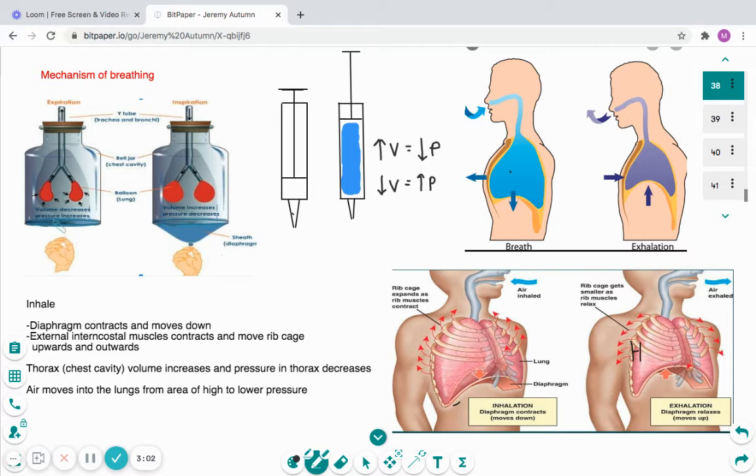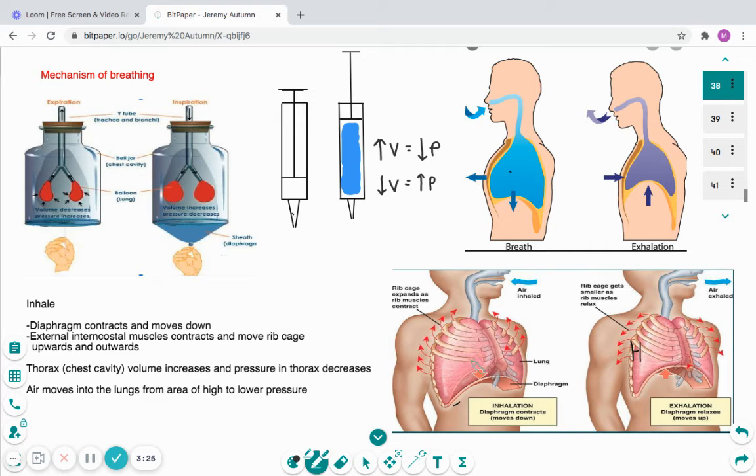So, you might have guessed, this latex is kind of representing the diaphragm. At the bottom of our chest cavity, we have a muscle called the diaphragm, and this diaphragm can move up and down. So when it moves down, that's going to cause the chest cavity or the thorax region to increase in volume.